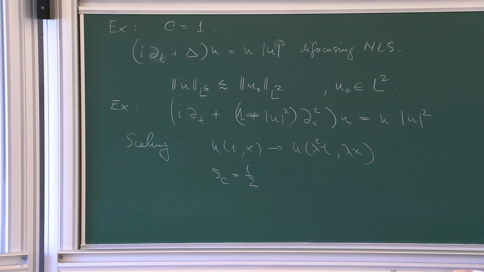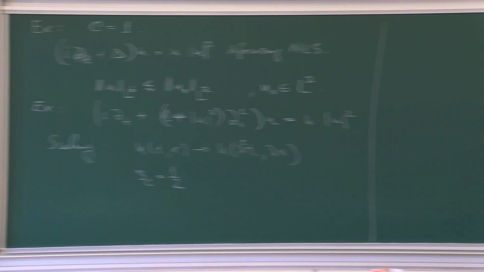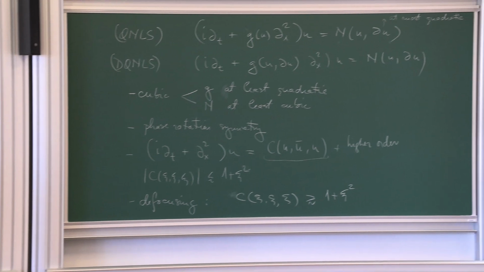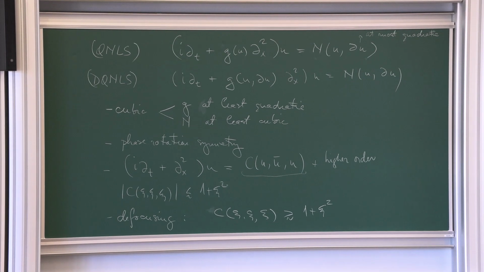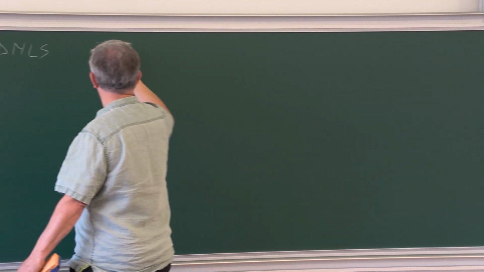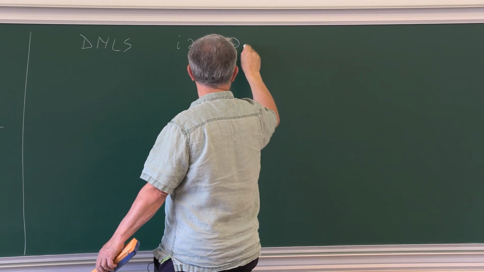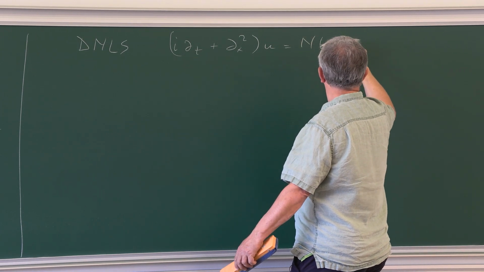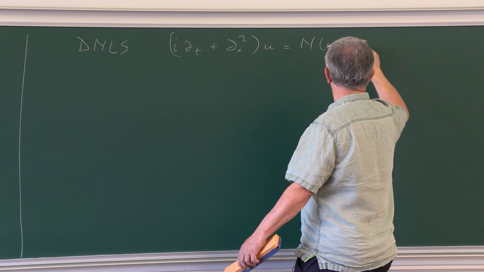So maybe before I begin stating some results, I can give you a quick history about this problem. And maybe even before looking at quasi-linear QNLS problems, people looked at a simplified problem, DNLS, which would be I dt plus dx square u, the nonlinearity depends on u and du.